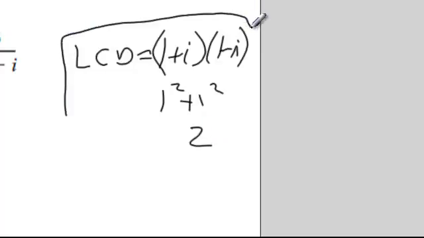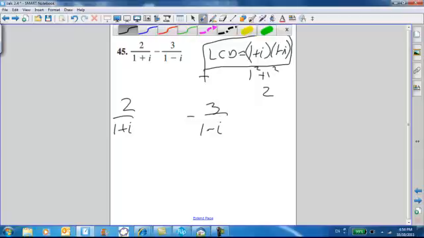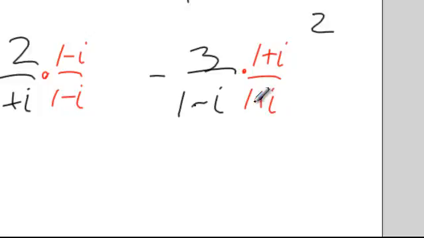So that's your LCD. You can use the LCD in the act of adding up the two fractions. So 2 over 1 plus i minus 3 over 1 minus i. And we're going to multiply both numerator and denominator here, in this case, by 1 minus i over 1 minus i. And in this fraction by 1 plus i over 1 plus i.